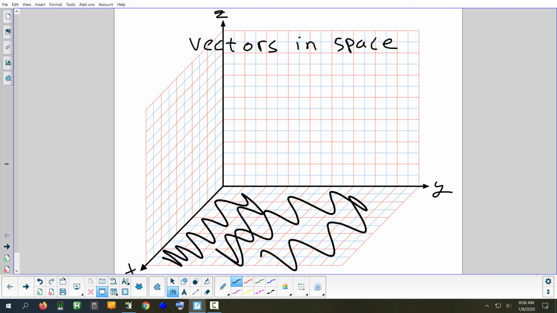When we do 3D, this is called a right-handed coordinate system. The way you can tell which axis is going in which direction, because it can be hard to see 3D if you're not good at sketching it on paper, is if you use your right hand, your index finger points in the direction of the positive x-axis, your middle finger points in the direction of the positive y, and your thumb points in the direction of the positive z.